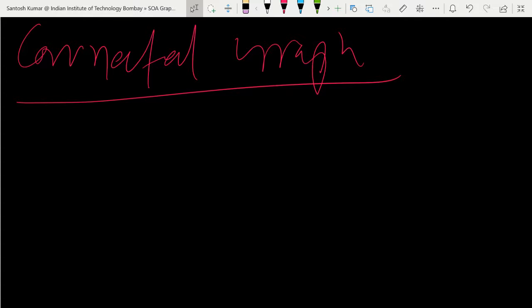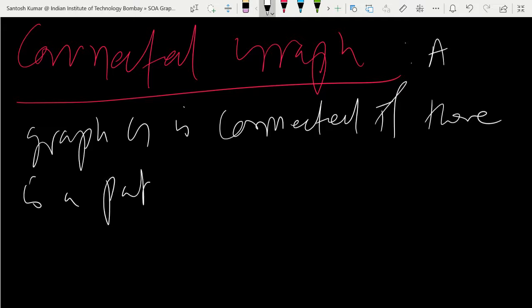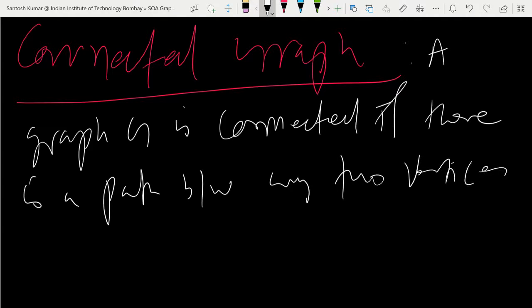So you can write: a graph G is connected if there is a path between any two vertices.